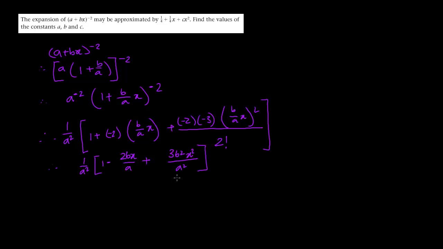Okay, and therefore we get 1/a² - 2bx/a³ + 3b²x²/a⁴. Now we've pretty much gotten what we want, because this is now in the form something plus something x plus something x². All we have to do now is simply calculate the values of a, b, and c.